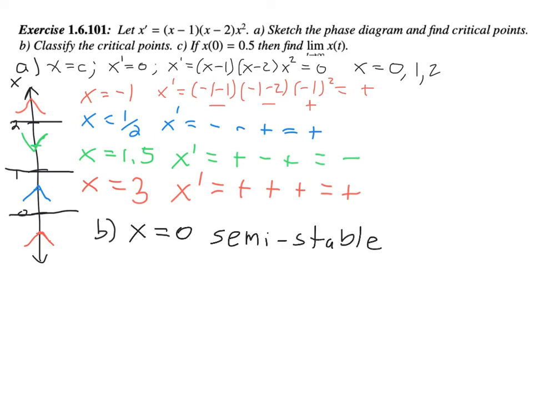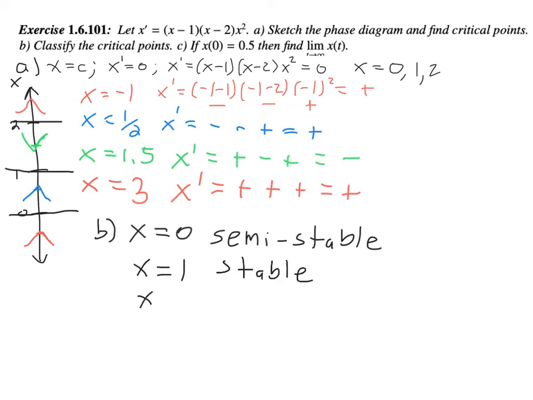Using a similar analysis, the equilibrium at 1 over here, this one's going to be stable, because if we start just a little bit below x equals 1 or just a little bit above x equals 1, as time goes on, all of those solutions are going to head back towards the equilibrium at x equals 1. So that gives us a stable equilibrium, a stable critical point.